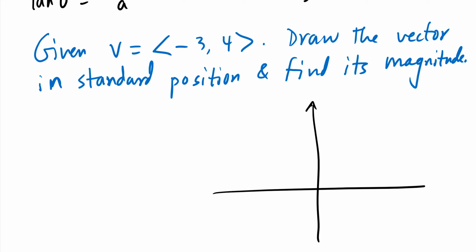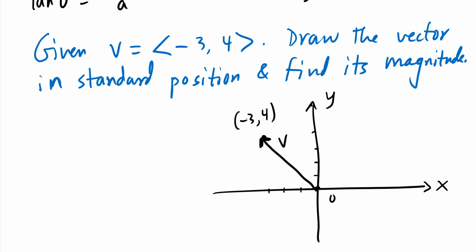Well, first we are going to plot this. Think about it as a point, but it's not a point, it's just a vector. So it's 3 to the left and 4 units up. The ray that goes from the origin to that point, -3, 4, that's the vector v. That's the standard position of the vector, from O to that point.